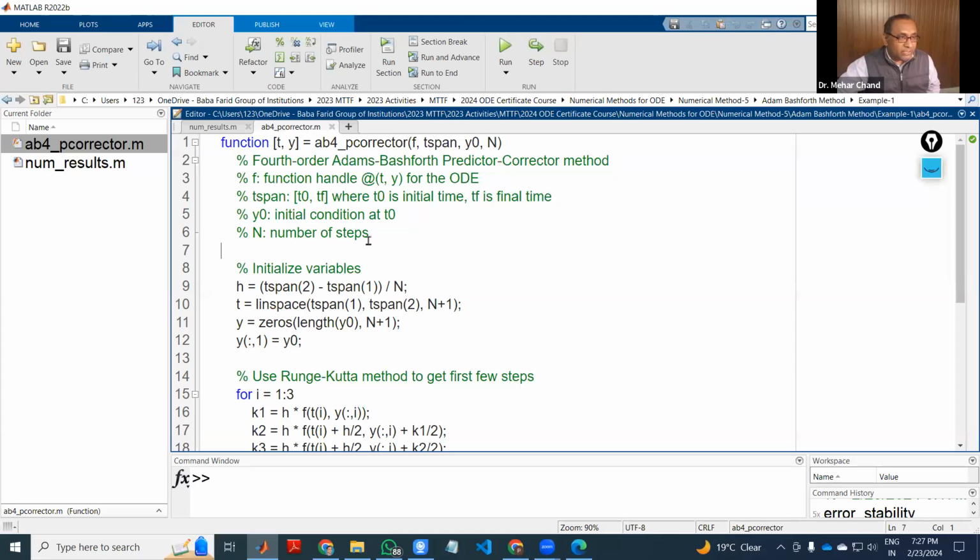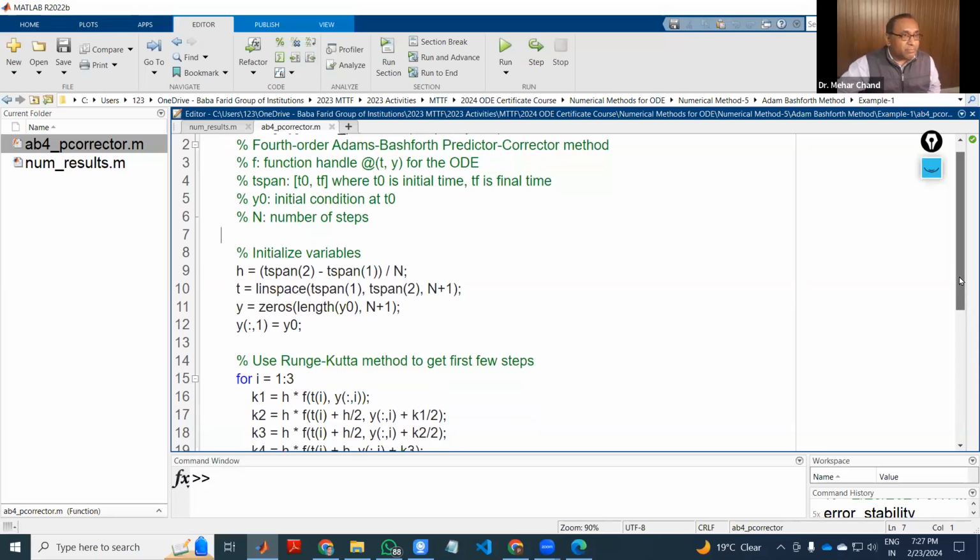As you know, comment statements are not part of the programming; only the statements in black color are part of the program. So first we compute the value of h, which is (tspan(2) - tspan(1))/n. This gives us the step size.